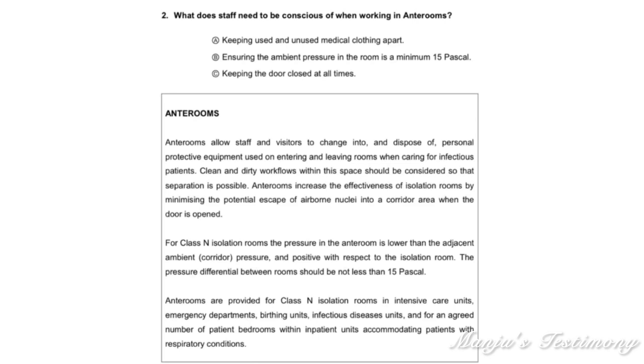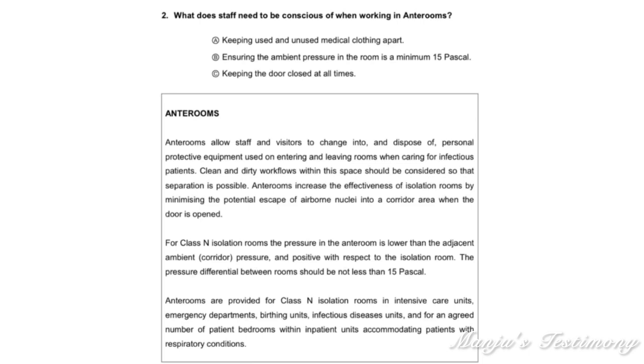Air particles always travel from a positive pressure area to a negative pressure area, right? So the particles can travel only from positive area to negative area. If the isolation room is kept under negative pressure, the air from outside can be transferred to the isolation room.